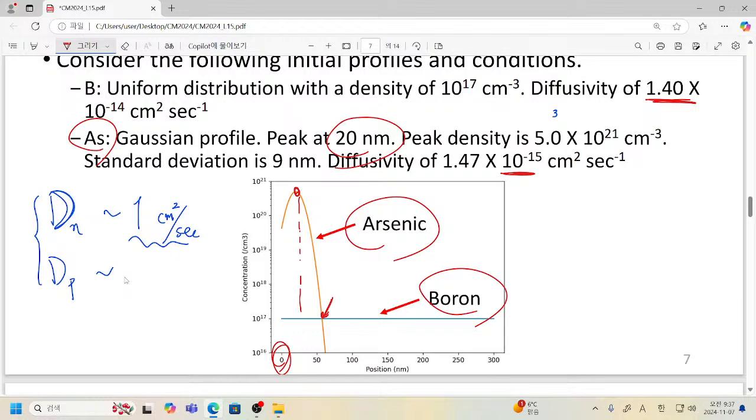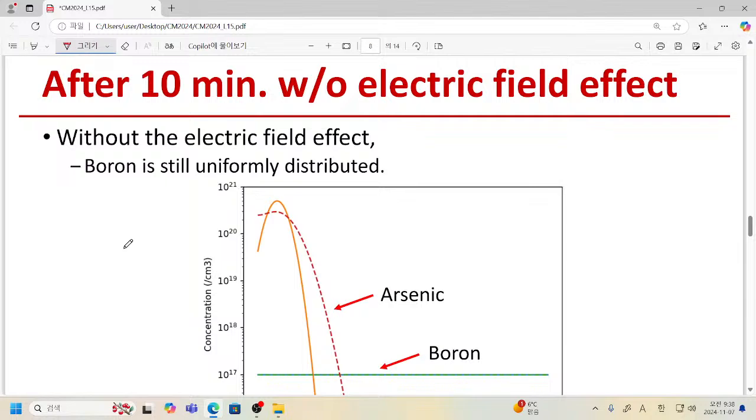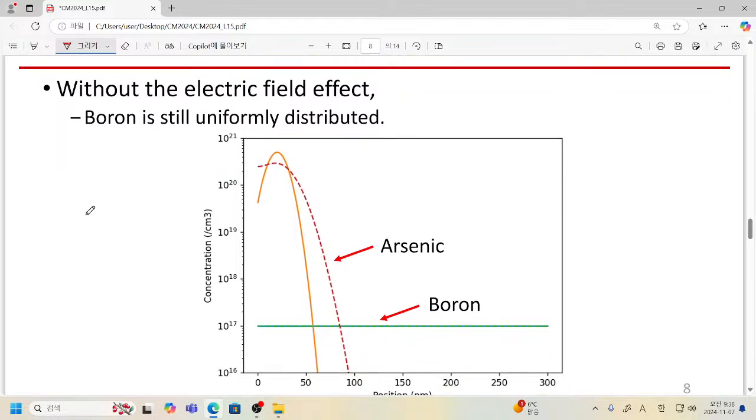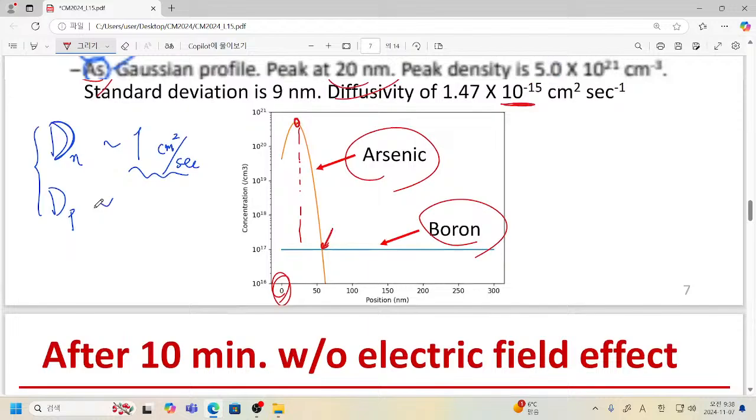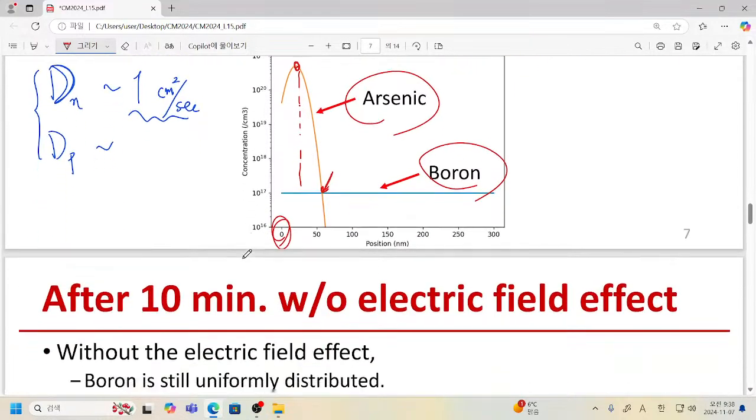However, when you make an ion implantation, these arsenics are not activated at all, so you must apply certain heat to activate them. So let's do it. After 10 minutes at about 1000 Celsius, this is the result you may have, with given diffusivity and given initial dopant profile.